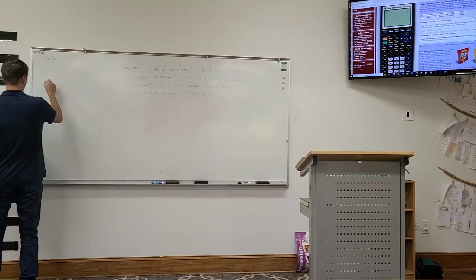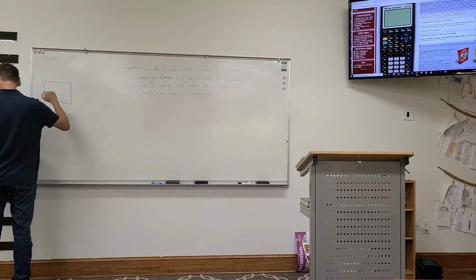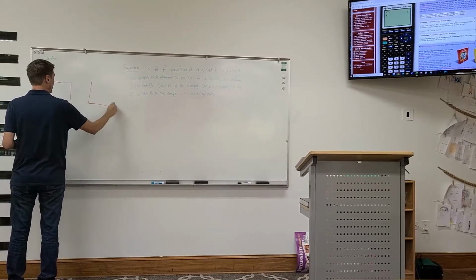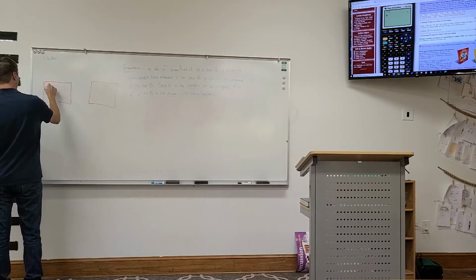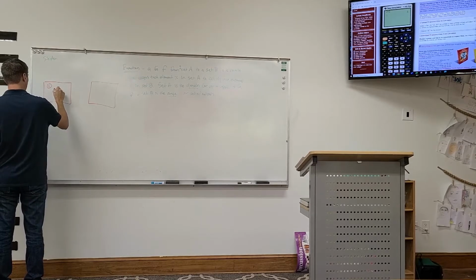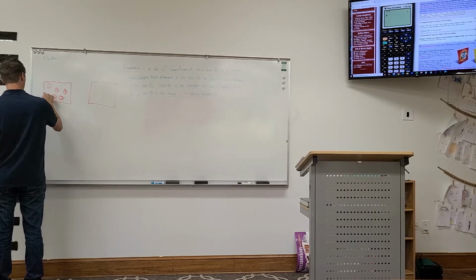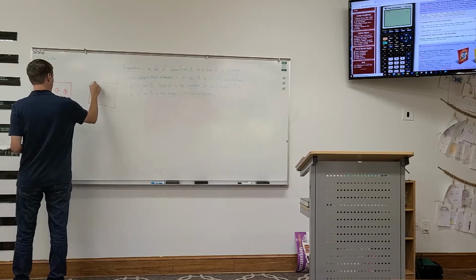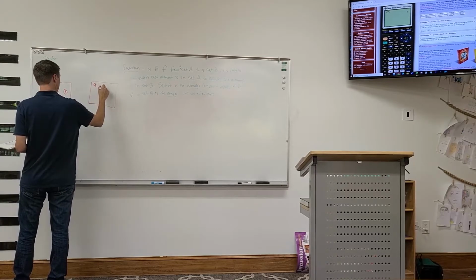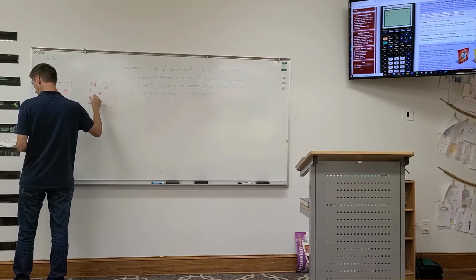You don't have to write this down because it's in your book, but I'm just going to try to replicate it here. We've got 1, 2, 4, 3, 5, 6. We've got 9, 13, 15, 12, 10.